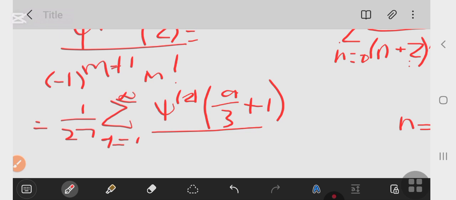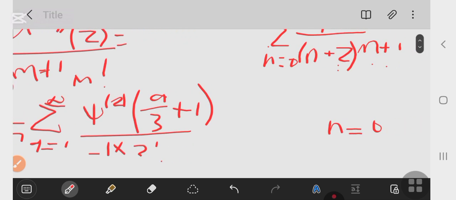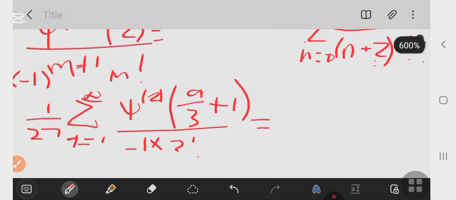So this will be minus 1, and what else? 2 factorial times minus 1 times 2 factorial, which is 2 times 27, that is 54.